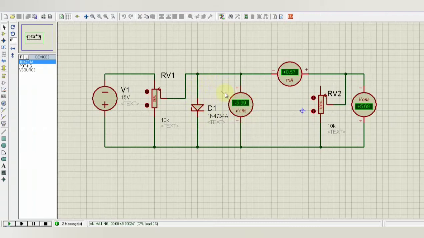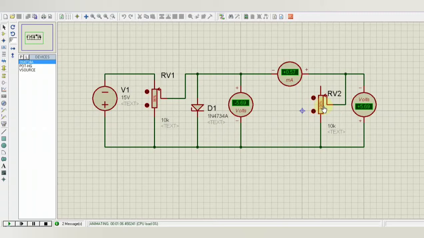Now we will treat this Zener diode as a source, that means a supply voltage, and this is the load resistance. Initially consider this as an open circuit. If it is an open circuit, the current will be initially 0 and the voltage will be the same as this voltage.